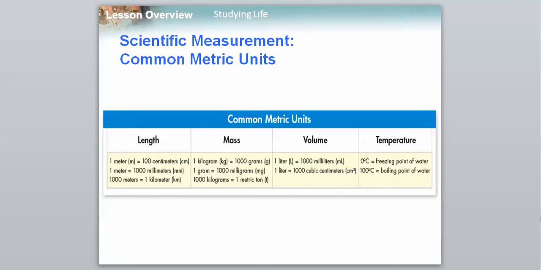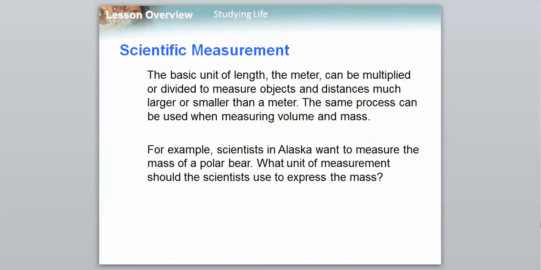And here are metric units. We have the meter for length, kilogram for mass, the liter for volume, and temperature is based off of the Celsius scale, not the Fahrenheit scale that we use. Again, this way we can repeat each other's work throughout the entire world.